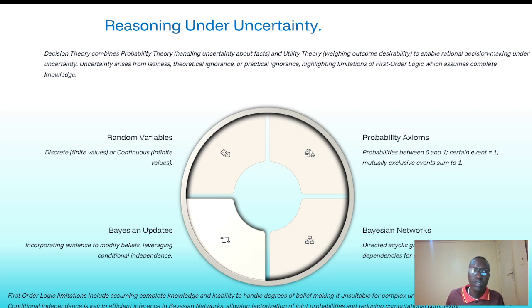Markov decision processes are introduced as a mathematical framework for decision making under uncertainty, with concepts such as value functions, policies, and the Bellman equation. As you can see, we have random variables, probability axioms, Bayesian updates, Bayesian networks.